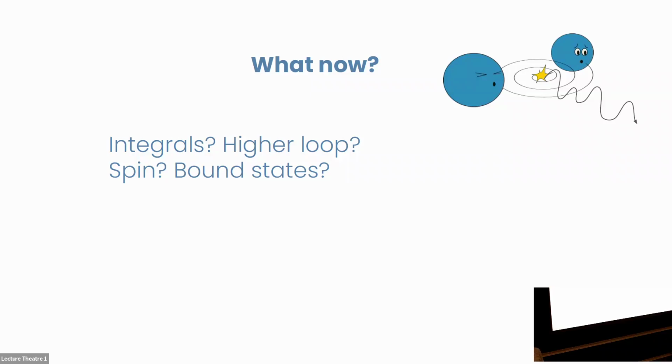But then the question is how much work is it to find the two loop result, and how interesting will it actually be? Although we found a surprising amount of interesting physics at one loop, so who knows? And then how can we relate this to the bound states, which I think Ricardo also gave us. There you go, I leave that to you. I think that's actually what I wanted to say.